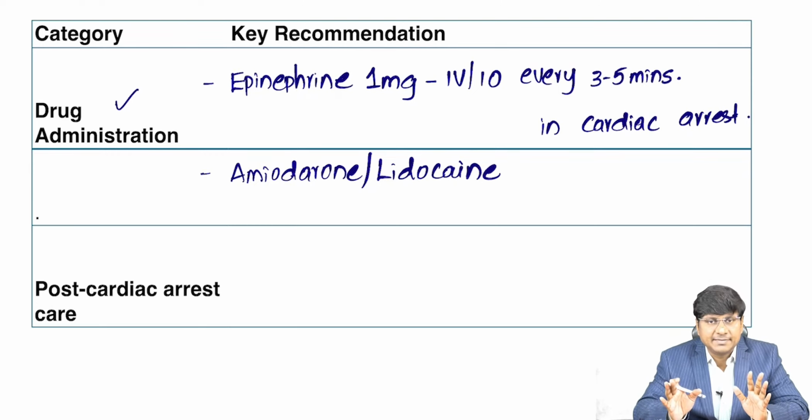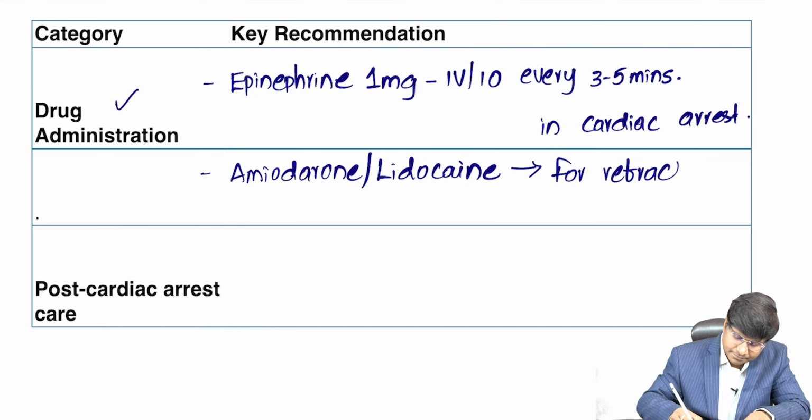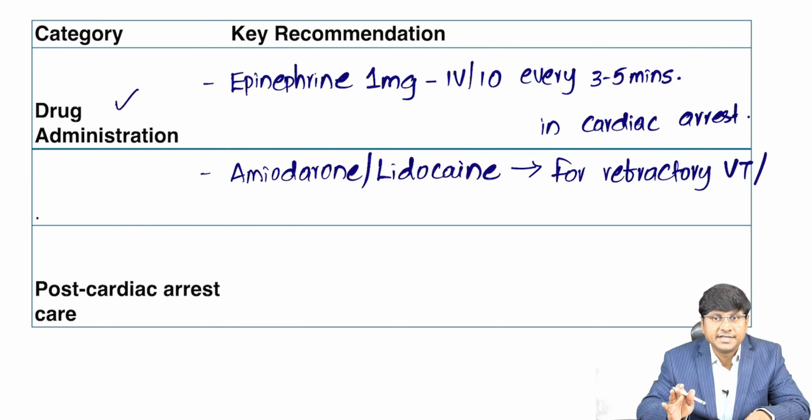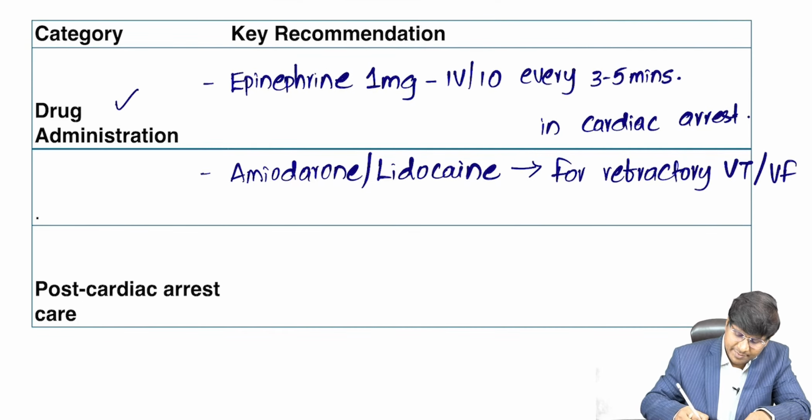So amiodarone or lidocaine has to be administered for refractory VT or VF, and also for pulseless VT.